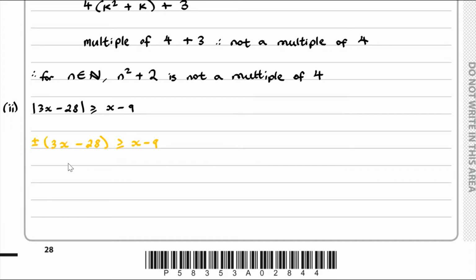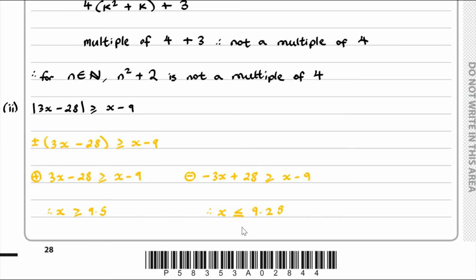If we consider the positive bit, we have 3x minus 28 being greater or equal to x minus 9, and solving this inequality, we see that x is greater or equal to 9.5. And if we consider the negative bit, we have minus 3x plus 28, that's greater or equal to x minus 9, and solving for x, we see that x is less than or equal to 9.25.